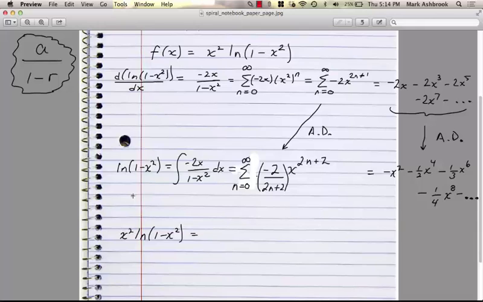Last step, piece of cake, right? Last step, all you do is take that power series, and so it's going to be negative 2 over 2n plus 2 times x to the what?